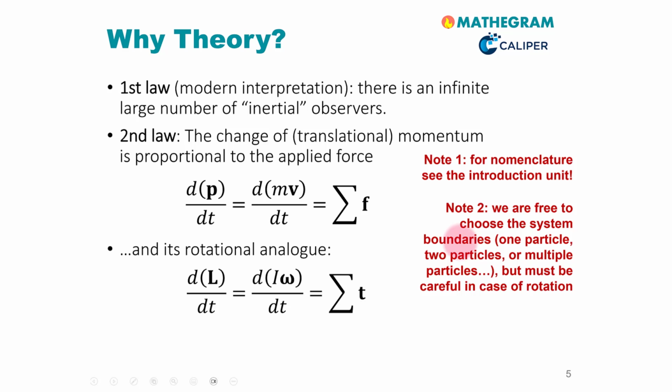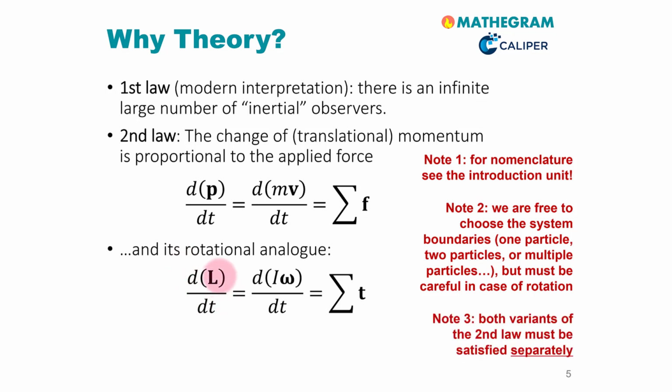So we can pick one particle here, m is here the particle mass, or we can also pick multiple particles, then the mass would be the mass of both particles. We will see later that in the case of rotation, we have to be a little bit careful about the definition of the rotational momentum here, because it depends on the origin that we pick.